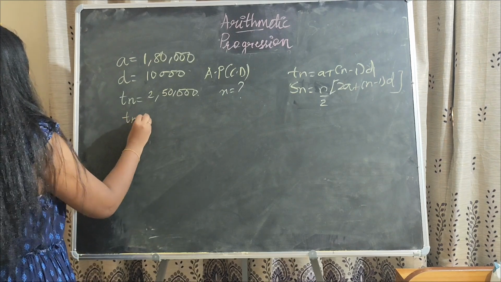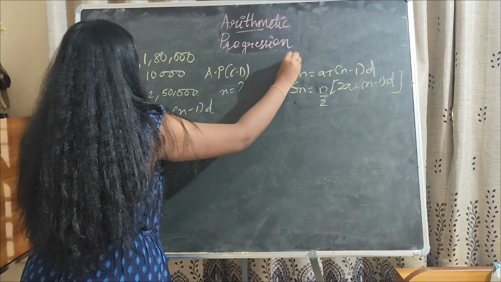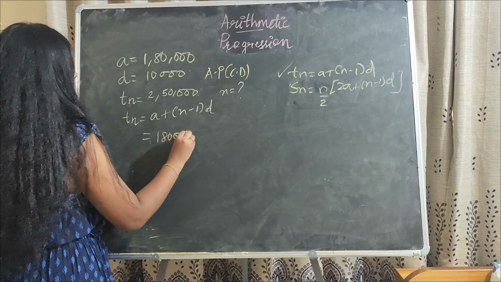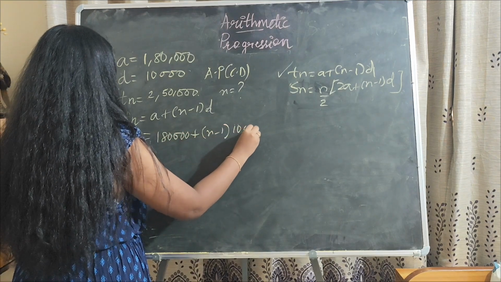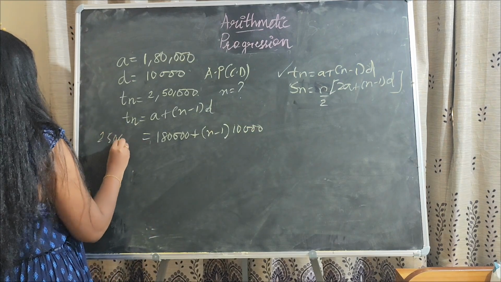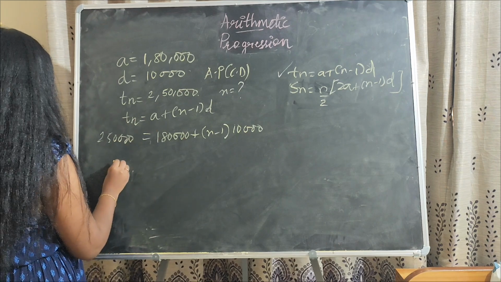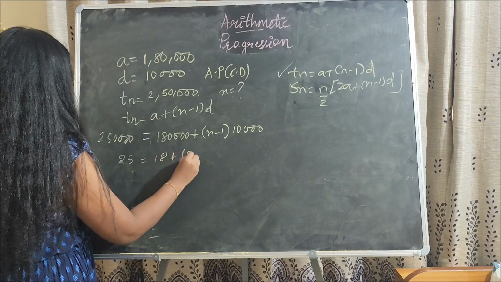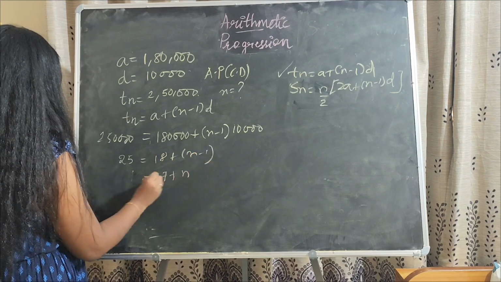So Tn can be found as a plus n minus 1d, and A is 1,80,000 plus n minus 1 into 10,000 and Tn is 2,50,000. Now you divide throughout by 10,000. So you will get 25 equal to 18 plus n minus 1. So 17 plus n is 25.